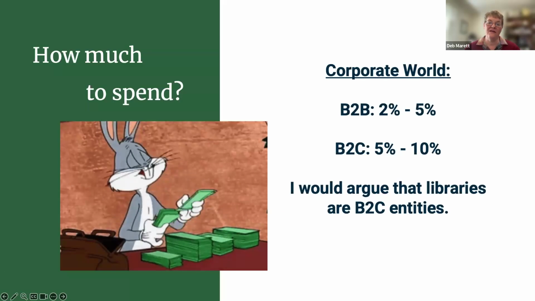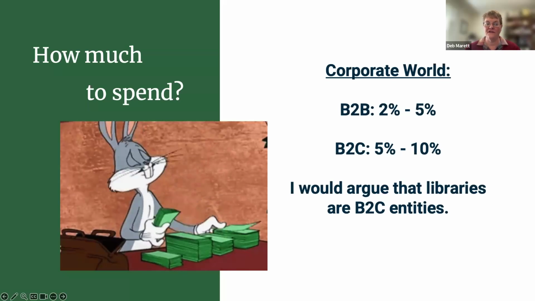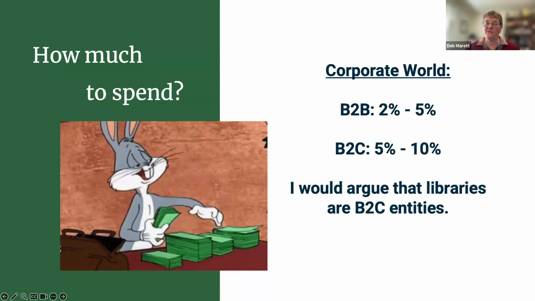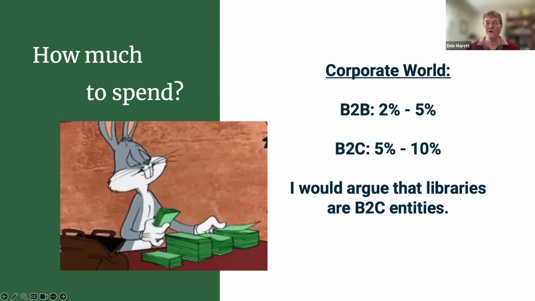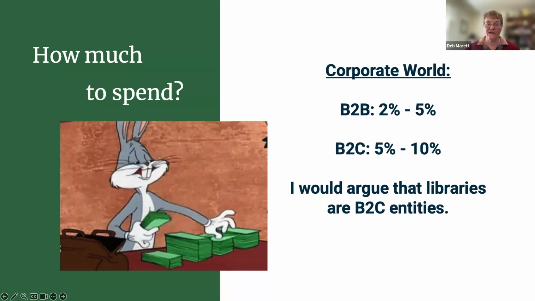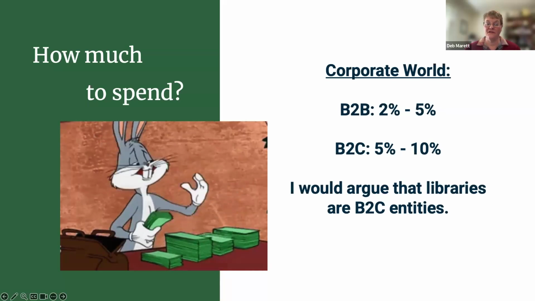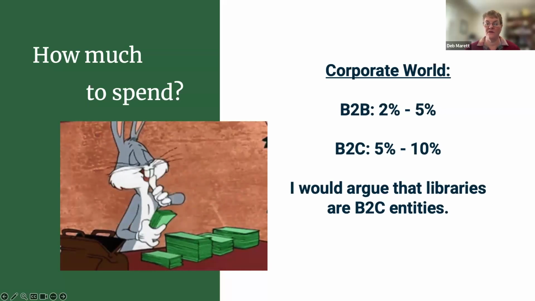So in the corporate world, when we talk about marketing budgets and across the board averages, B2B stands for business to business. Generally, over the whole year's budget, we would tend to put 2 to 5% of that budget to marketing. In business to consumer, it's going to be bigger, 5 to 10%. And that's really what libraries are, because we are reaching the consumer, which is the general public, at least that's where your starting point is.